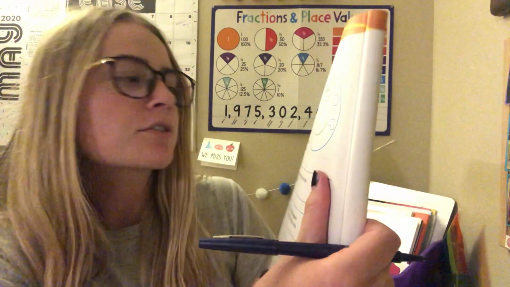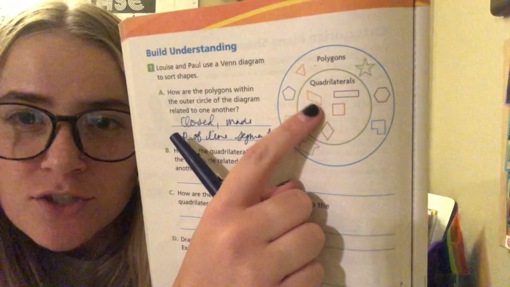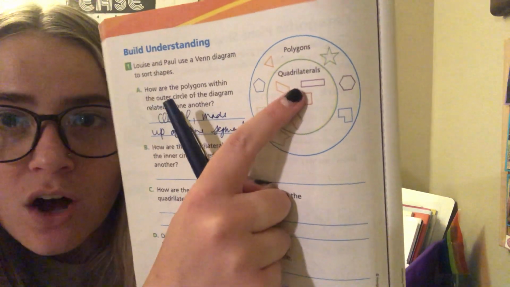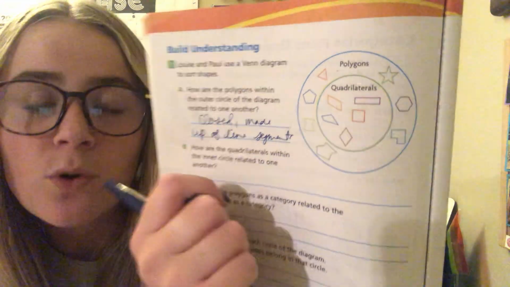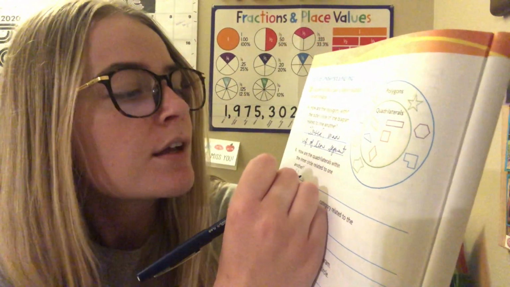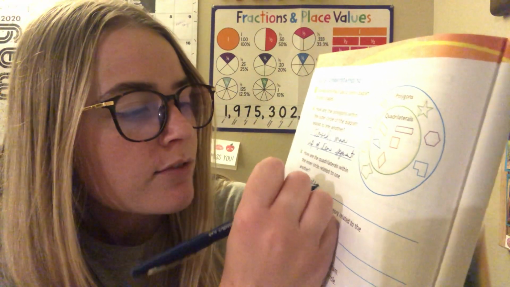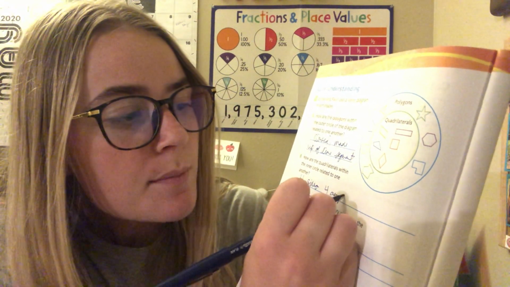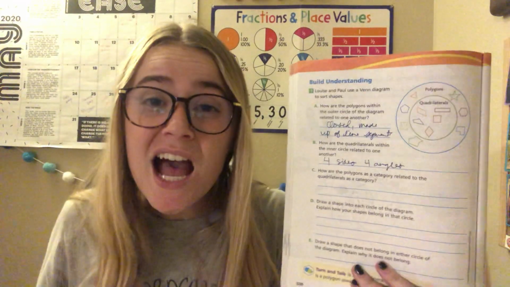How are the quadrilaterals within the inner circle related to one another? Now these quadrilaterals are all four-sided shapes with four angles, because that's the definition of quadrilateral. Some of them are parallelograms, some of them are not. What ties them all together is that they're four sides, four angles. Part C says, how are the polygons as a category related to the quadrilaterals as a category?